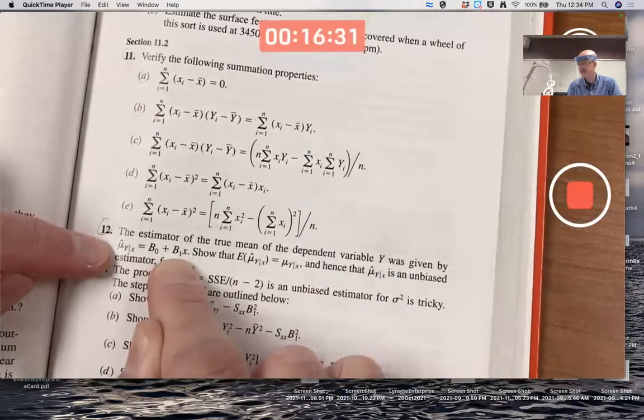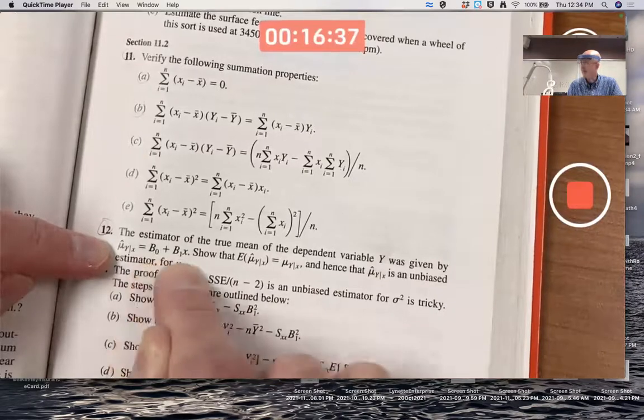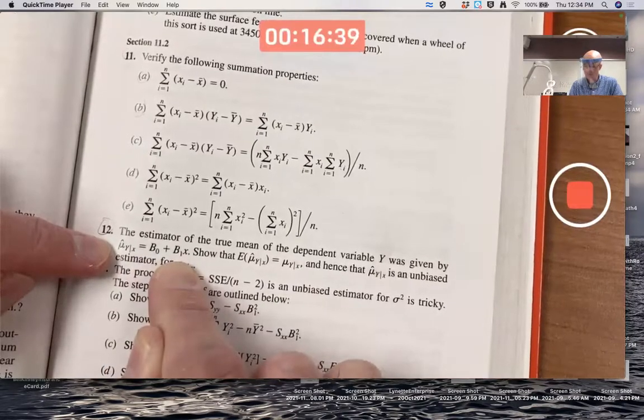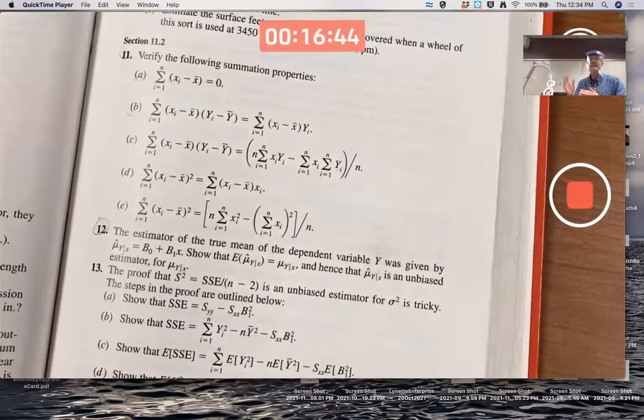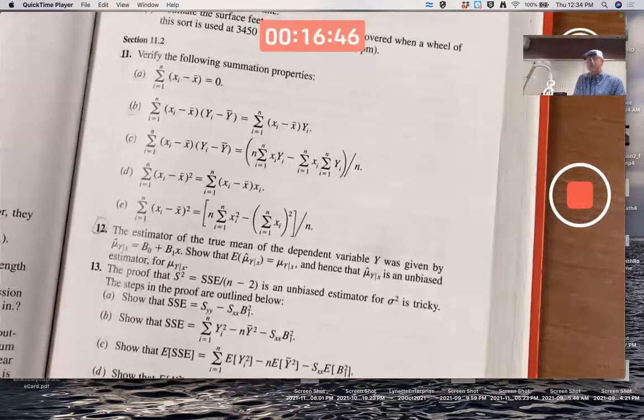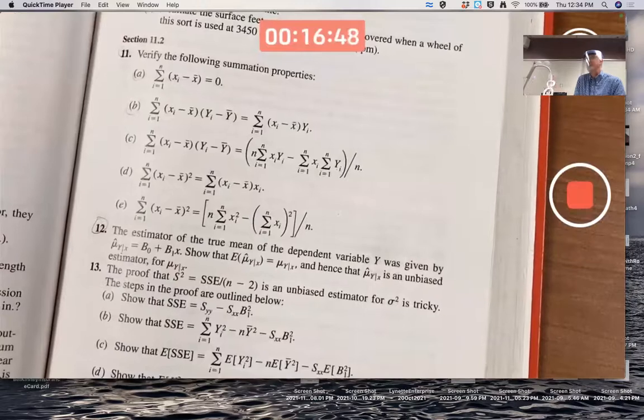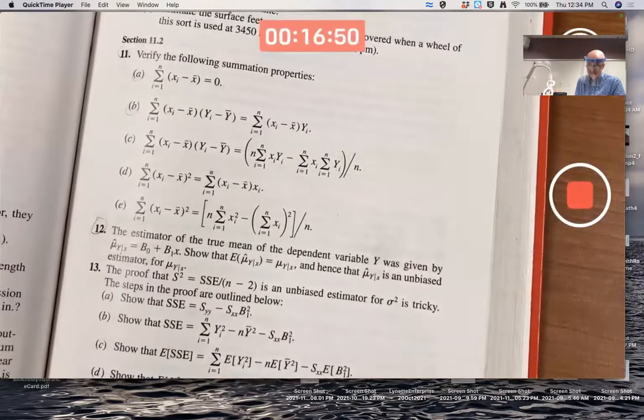Notice this is an estimator. This is a statistic. It's a random variable. How do you want to think of it? Thinking of these conceptually in the right way is key to really understanding the purpose of everything. Conceptually, you want to pretend x is fixed. Okay?